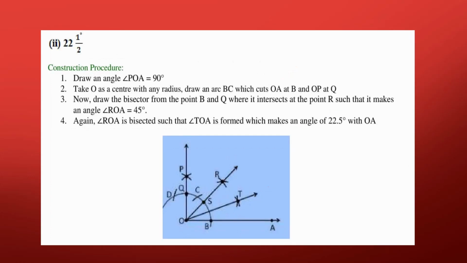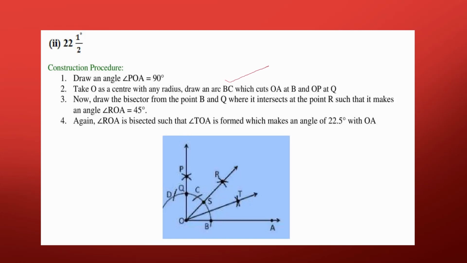Next slide. How will you draw the 22.5 degree angle? It's very easy. You can do it in two or three steps as above. Now the steps here: draw an angle POA of 90 degrees, take O as a center with any radius.